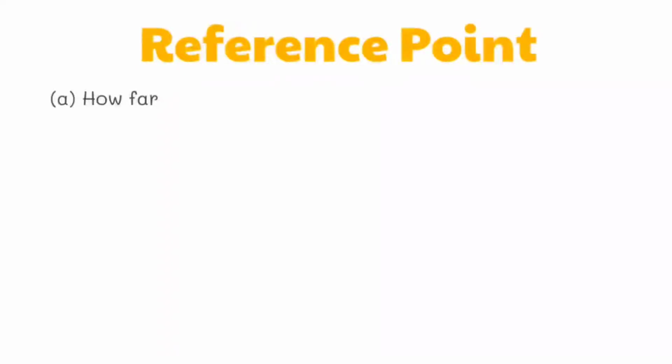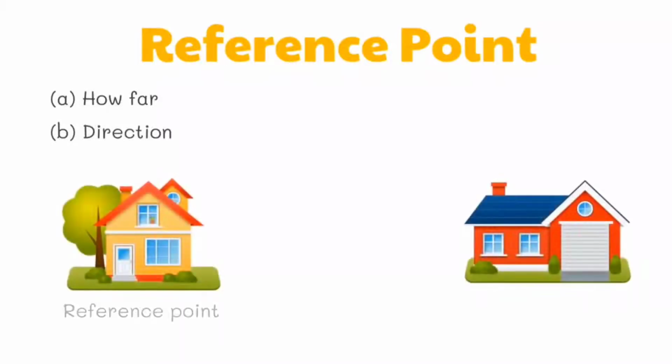Second, it describes its direction relative to the reference point. A reference point is a place or object used for comparison to determine if something is in motion. An object is in motion if it changes its position relative to the reference point. The initial position serves as the reference point.